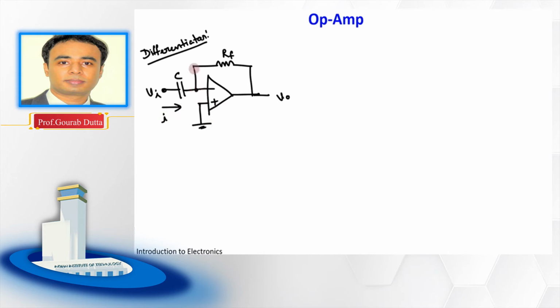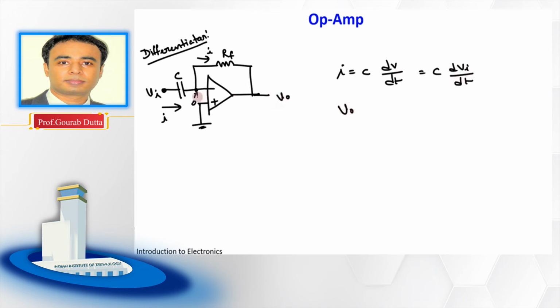It's a closed loop condition, so this potential is also at 0, and no current flows into the input, so the same current I has to flow through the resistance RF. This current I can be written as I equals C dV/dt. Here V is nothing but Vi minus 0, so basically it is Vi, so I equals C dVi/dt.